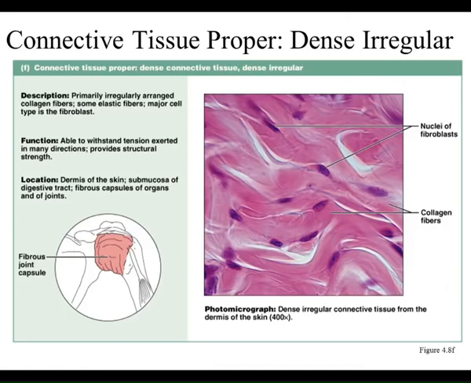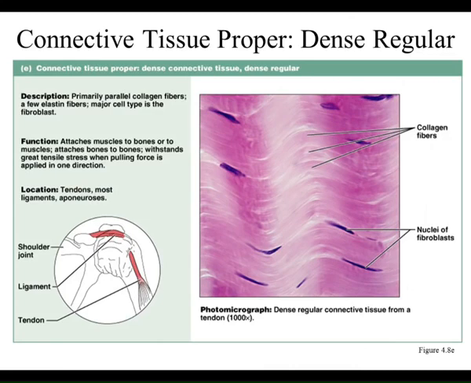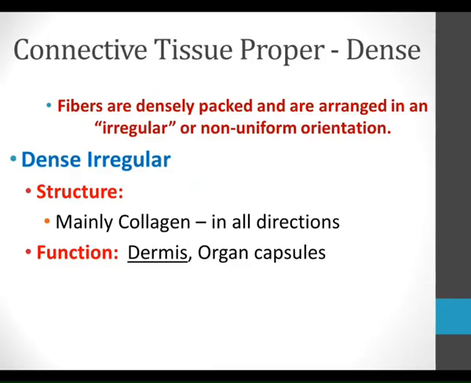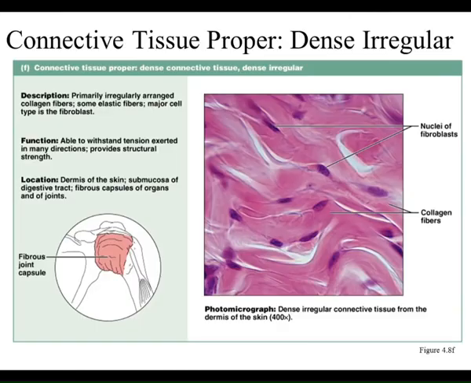So again, dense regular is found in tendons and ligaments, and dense irregular is found, of course, in the dermis, also in the submucosa, if you want to write that down, but organ capsules is a big one for dense irregular. It surrounds the joint capsule here. It really is a tougher type of connective tissue.